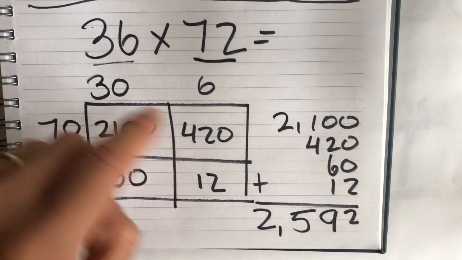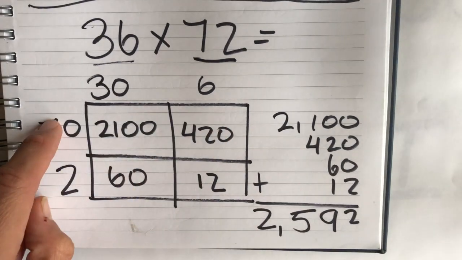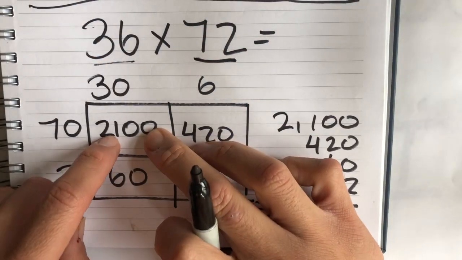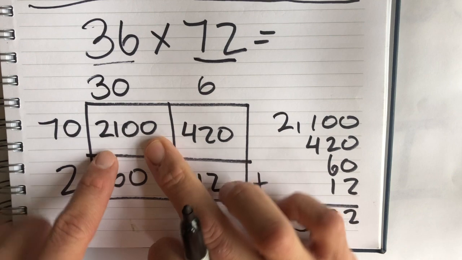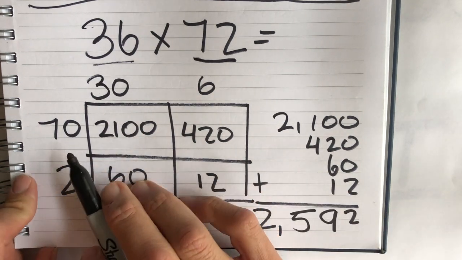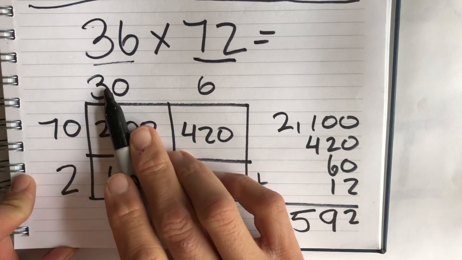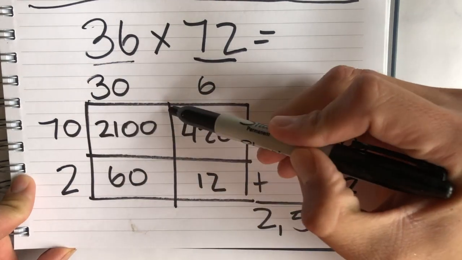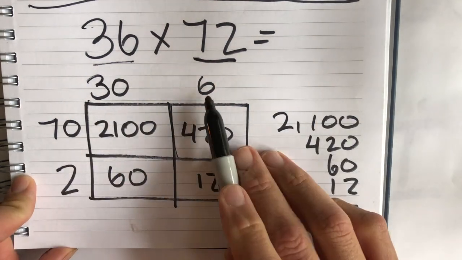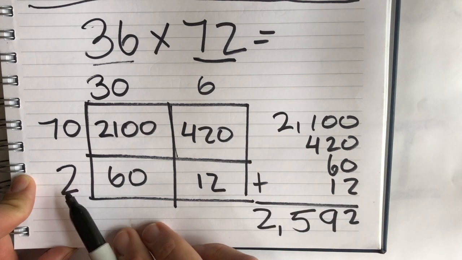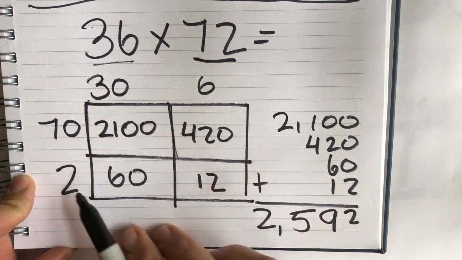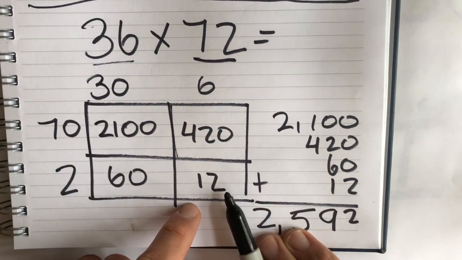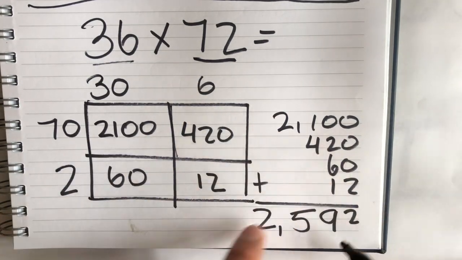And then within each individual box, I found the area of each one of these rectangles, or four-sided shapes, by multiplying 70 times 30 here, and then this same length here will be the same here. So we have 70 times 6, and then multiplied 2 times 30 and 2 times 6.